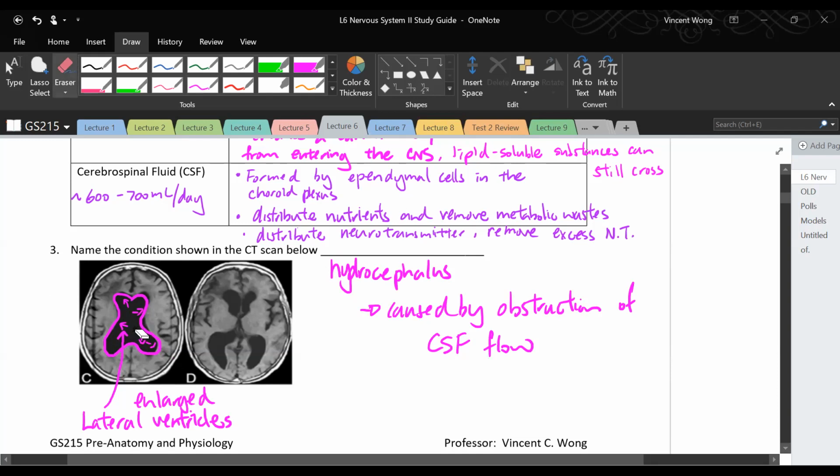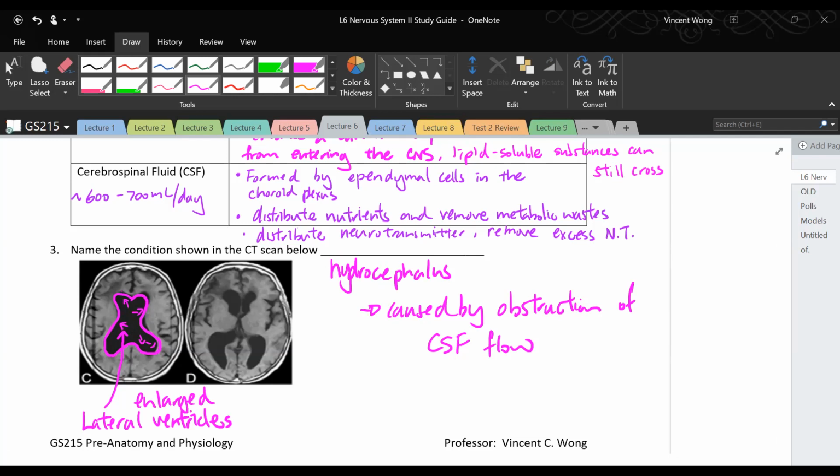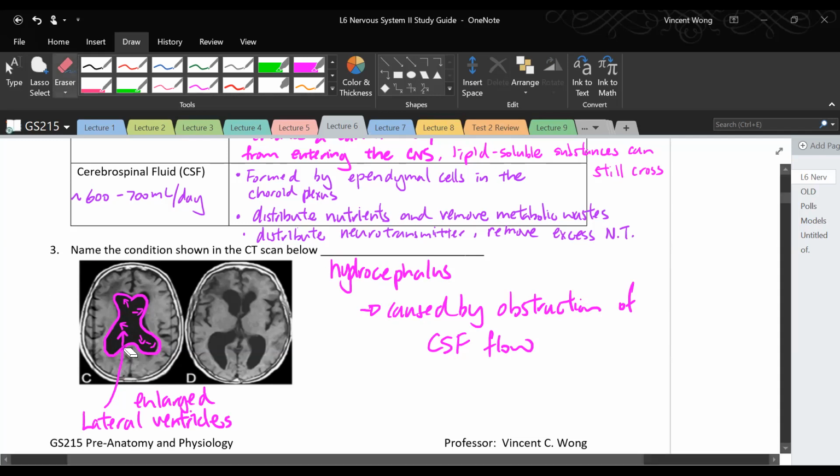Lateral ventricles are not supposed to be this big, but because of all the pressure pressing on the sides of the lateral ventricles, they become so big. So the neurons around the lateral ventricles might be damaged, and depending on which part is damaged, you're going to have different symptoms. Okay, so this is hydrocephalus.